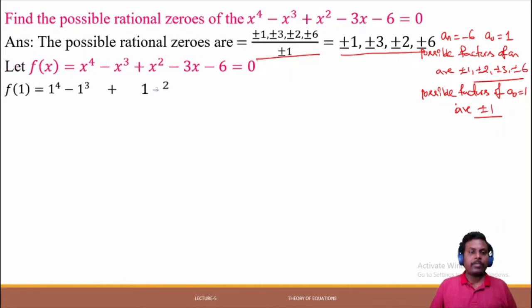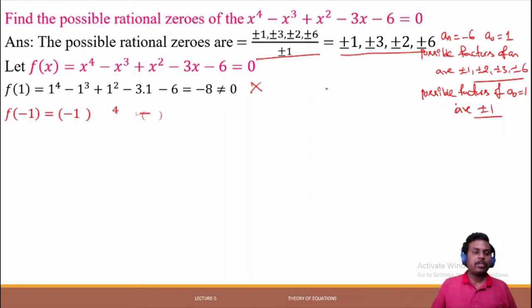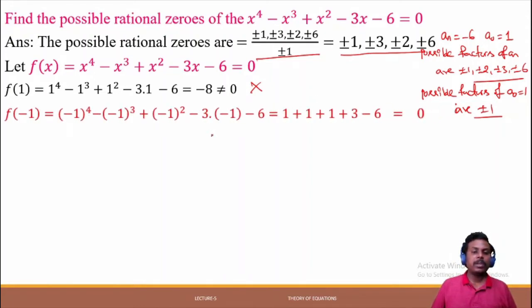Okay, f of 1. Let us find out f of 1. If you find this value, it is equal to minus 8, which is not equal to 0. So this is not a rational zero. Now let me find out f at minus 1. You can see that minus 1 to the power 4 minus minus 1 cubed minus minus 1 squared becomes 0.